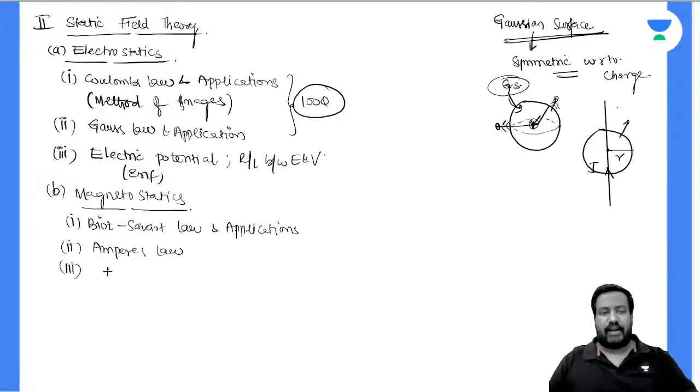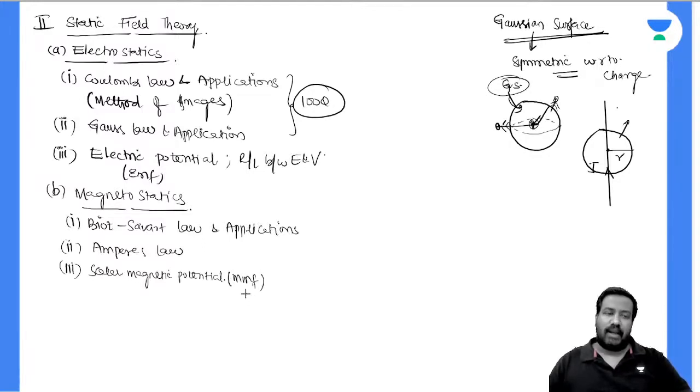Just like we defined electric potential or electromotive force, here we derived scalar magnetic potential, also called MMF. Remember, EMF is voltage, MMF is current. And unlike electrostatics, we have two potentials here, scalar magnetic potential and vector magnetic potential.